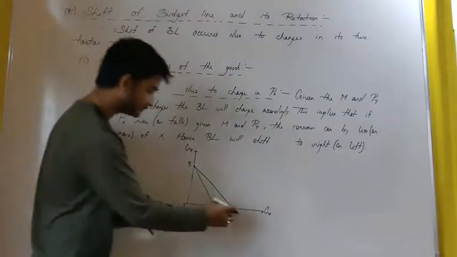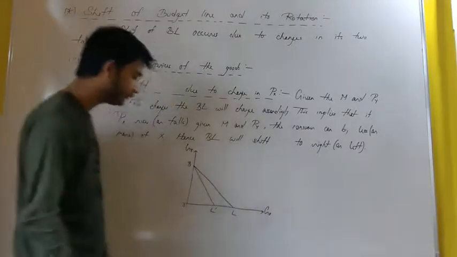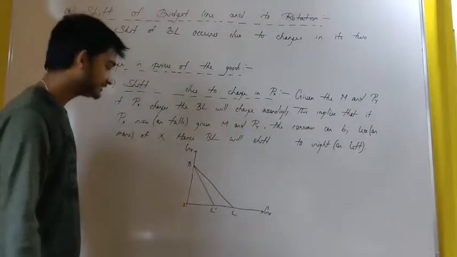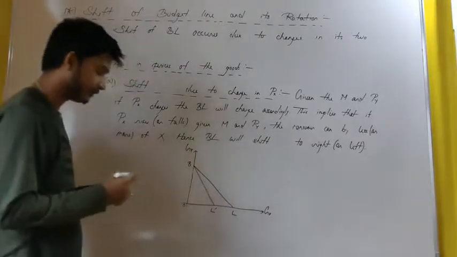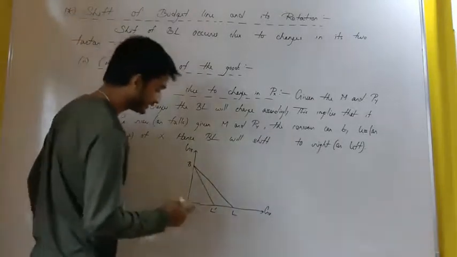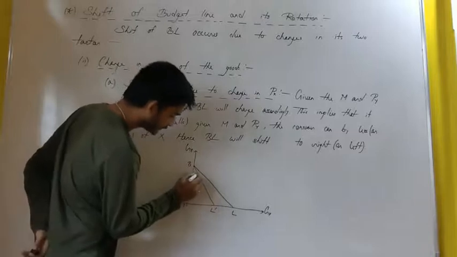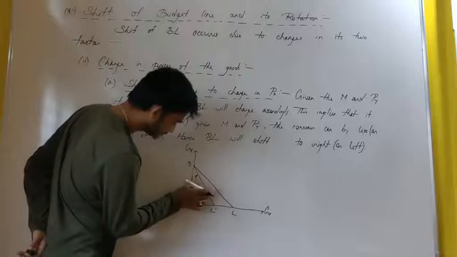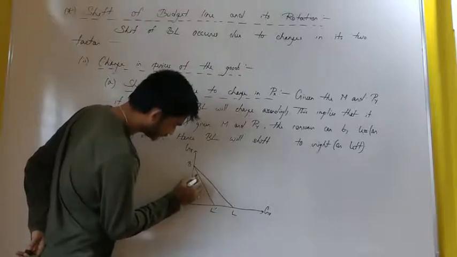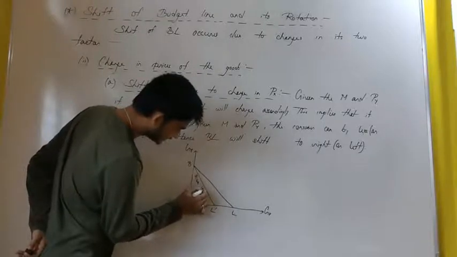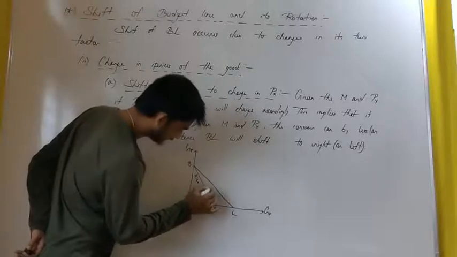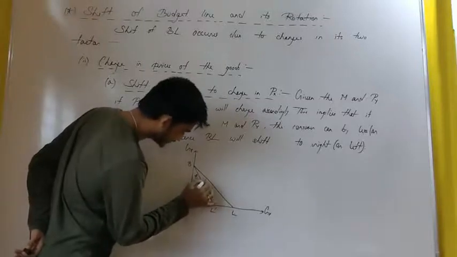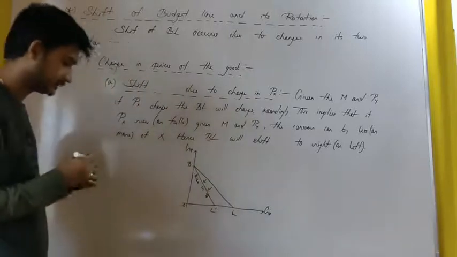Previously he was buying OL amount of good X, now he is buying OL dash amount of good X. So this is due to a rise in PX. The budget line has shifted leftwards.